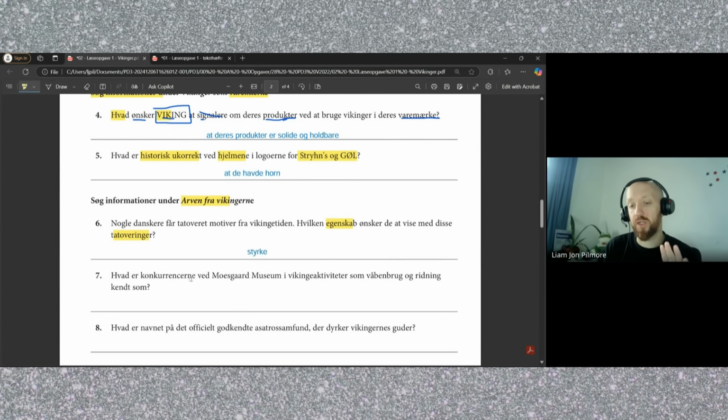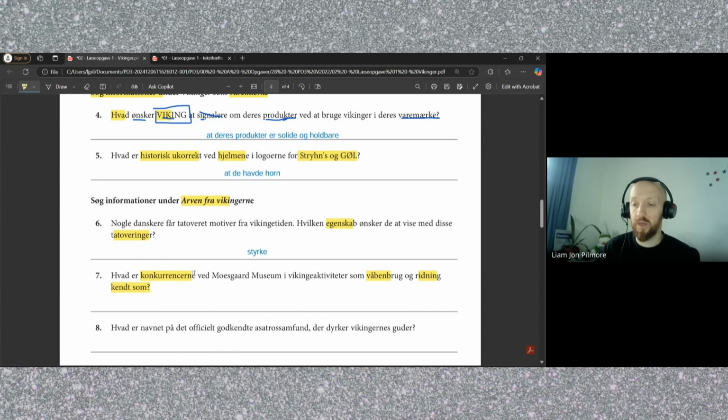What are the competitions at Mosegaard Museum? And these competitions are in Viking activities such as weapon use and riding, keywords. What are these competitions known as? Hint: it's also a pretty common question, looking for the name of something. What are we looking for? The name of these competitions.